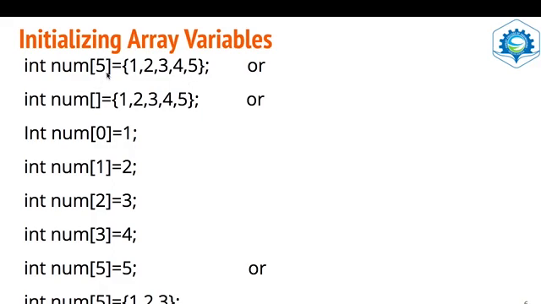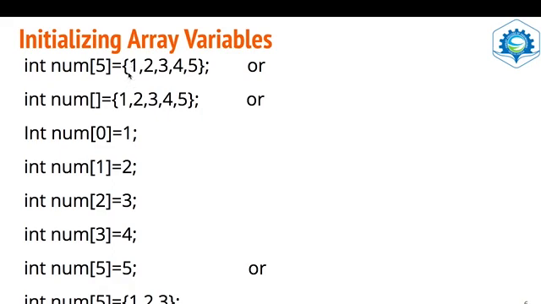As this is an array of size 5, the indices or subscripts range from 0 to 4. So an array of size n will have subscripts ranging from 0 to n minus 1.